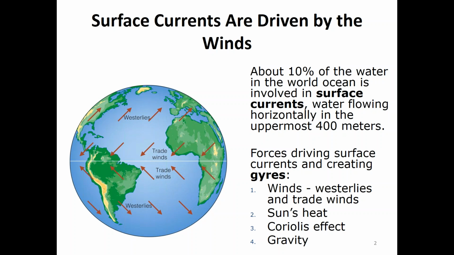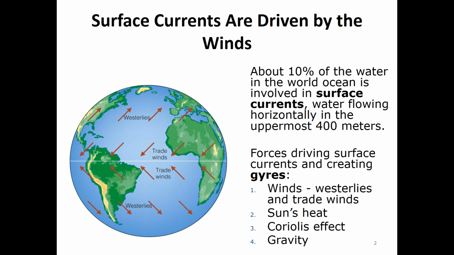Then the sun's heat, the differential heating of the planet, which gives rise to the winds. The Coriolis effect, which was introduced in atmospheric circulation. And gravity. You might wonder, how does gravity play a role in ocean circulation? That will become evident as we go through as well.